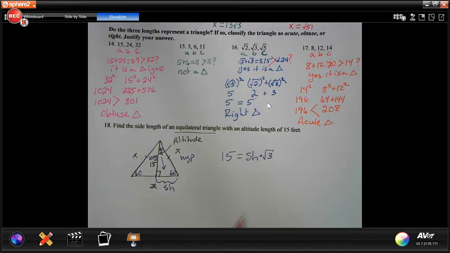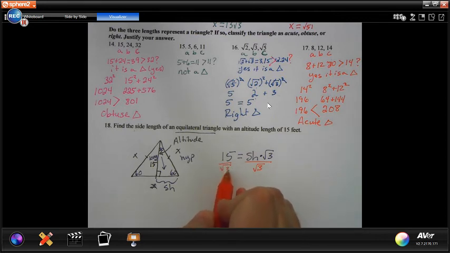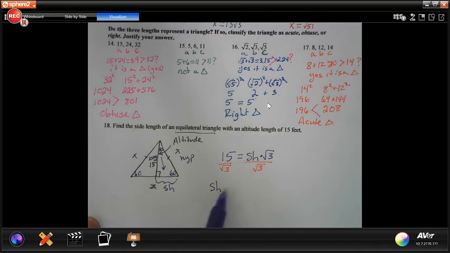Well, of course, we can't multiply a variable with a radical. We need to get the variable alone. So we divide. The opposite of multiply is divide. Okay, so our short leg, again, this is not x, not x. X is the hypotenuse. This is the short leg. Okay, so our short leg equals 15 over radical 3.